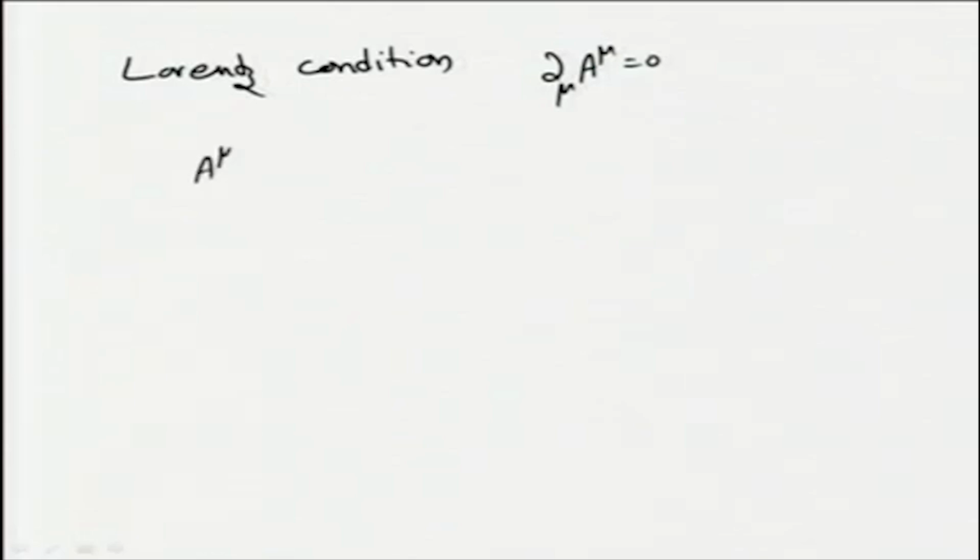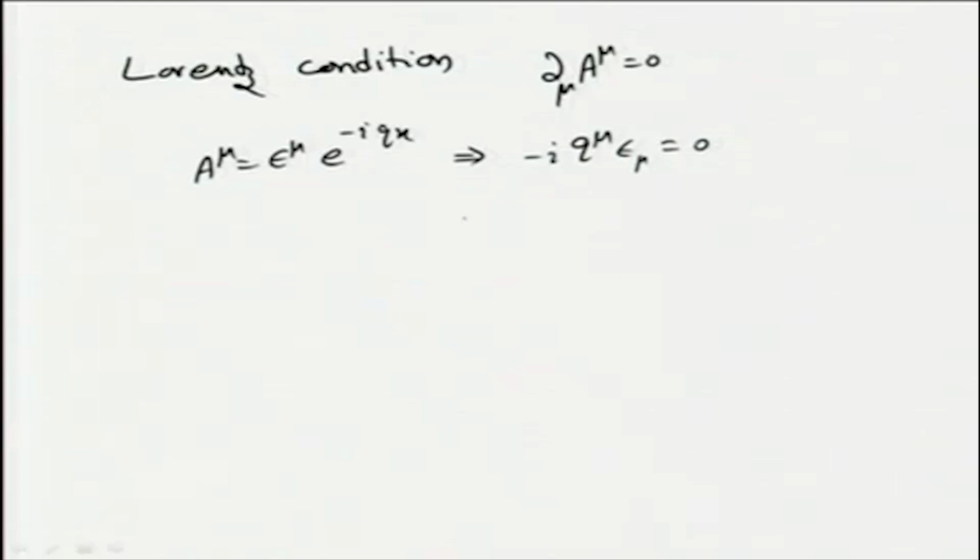A mu equal to epsilon mu e power minus I q x will immediately give you minus I q mu epsilon mu equal to 0 when dou mu is acted on A mu.